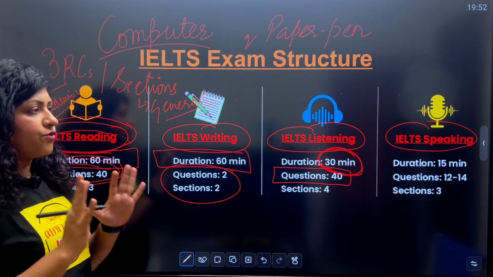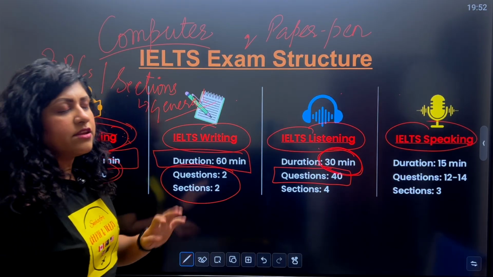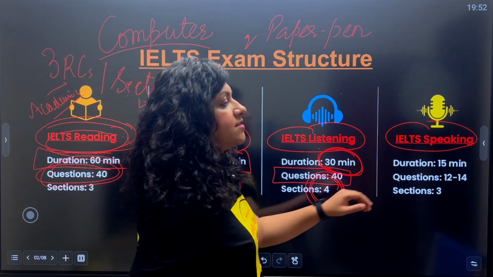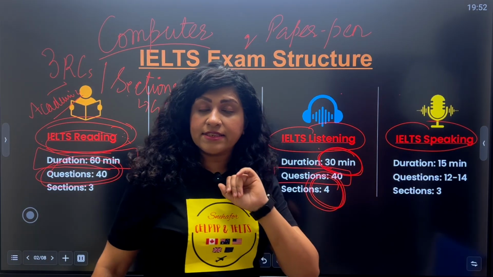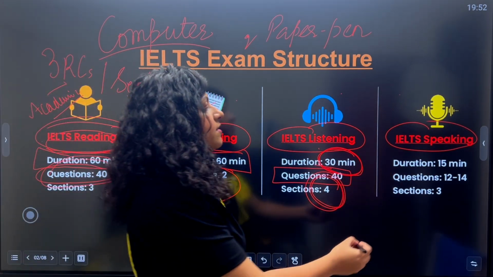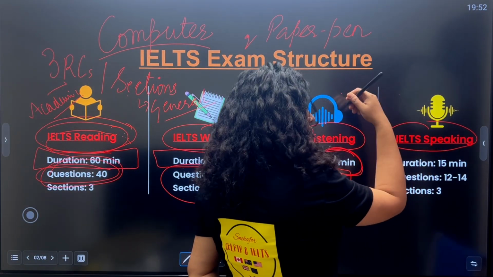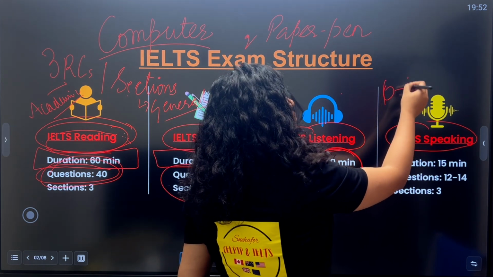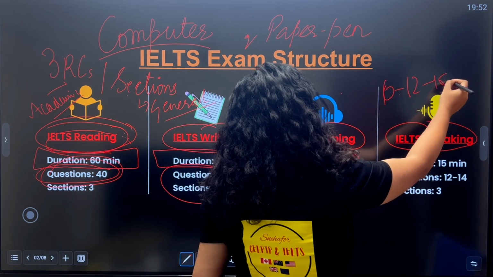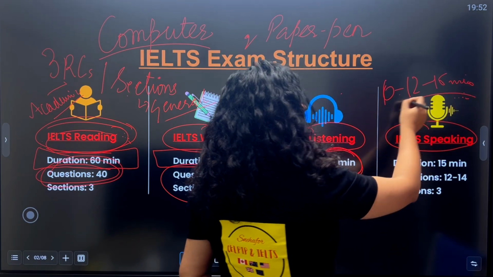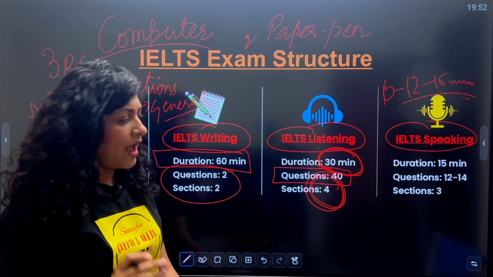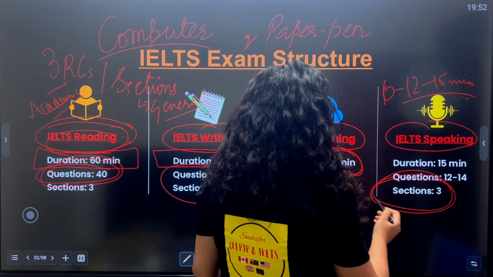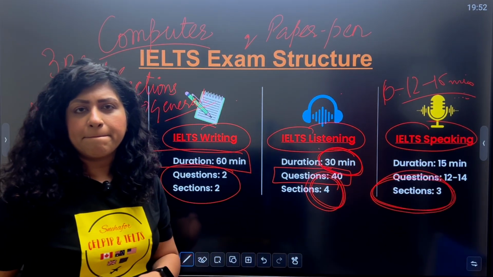So here you have 40 questions divided in 4 sections. And lastly, when we talk about IELTS speaking, here the duration is not fixed. However, most of the time it's going to be 10 to 12 to 15 minutes, not more than that. And there are 3 parts of speaking.